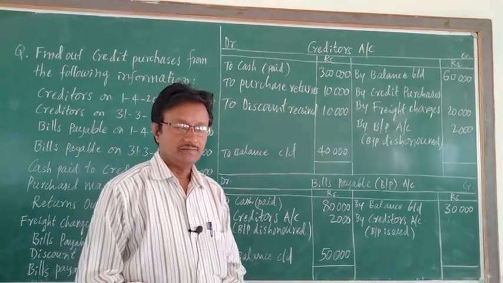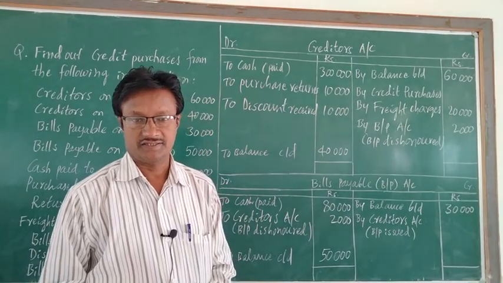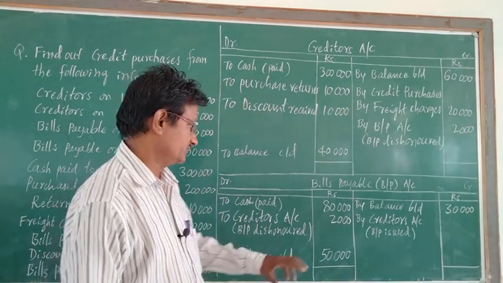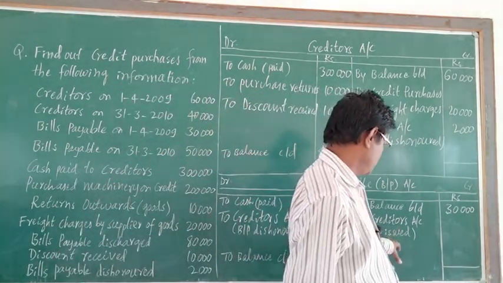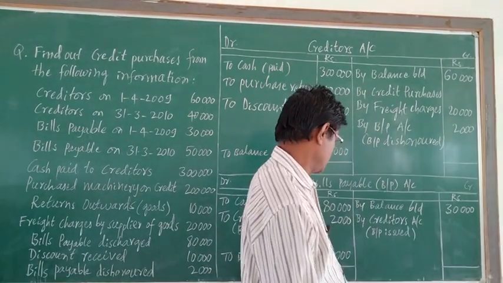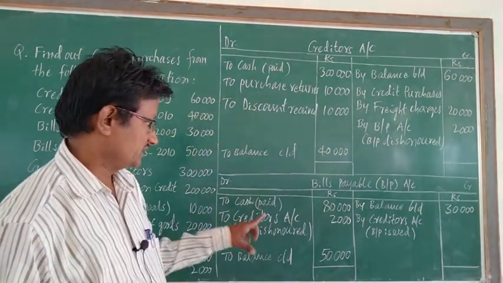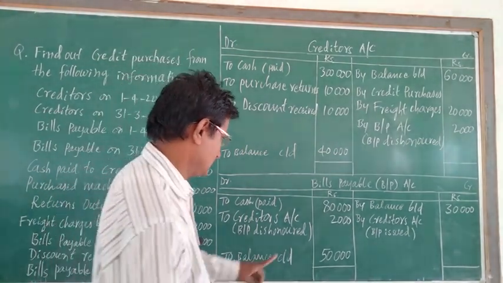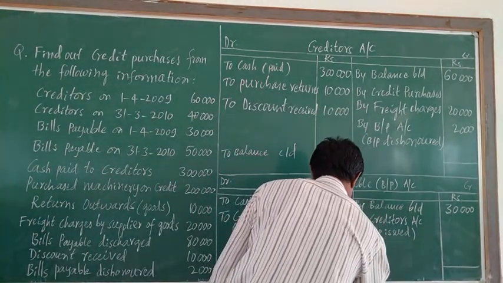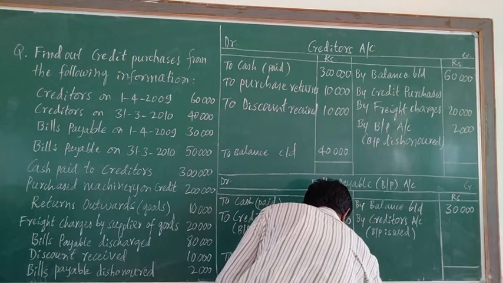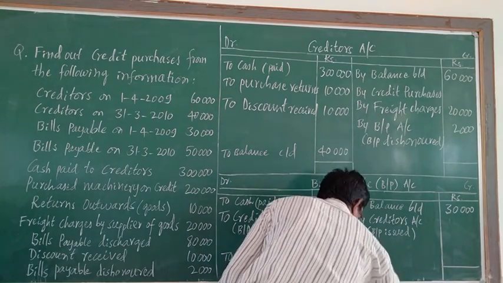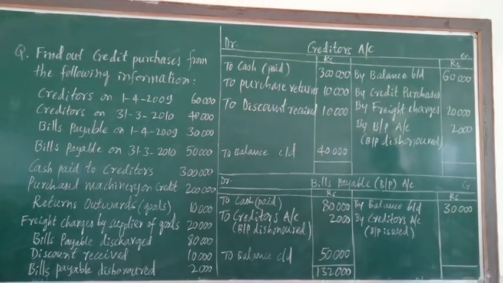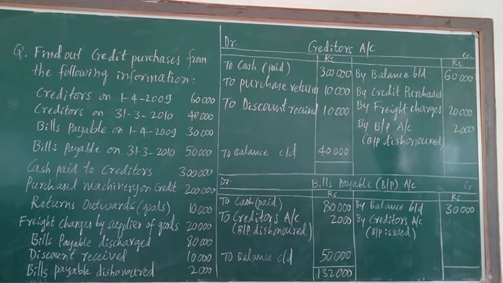Here bills payable issued or accepted is not given, so the missing figure will be bills payable issued during the year. The debit side total is more, that is 1,32,000. We have to find the difference on the credit side.